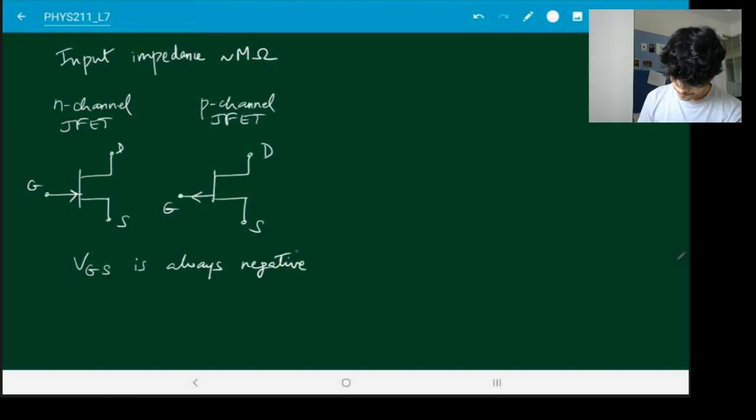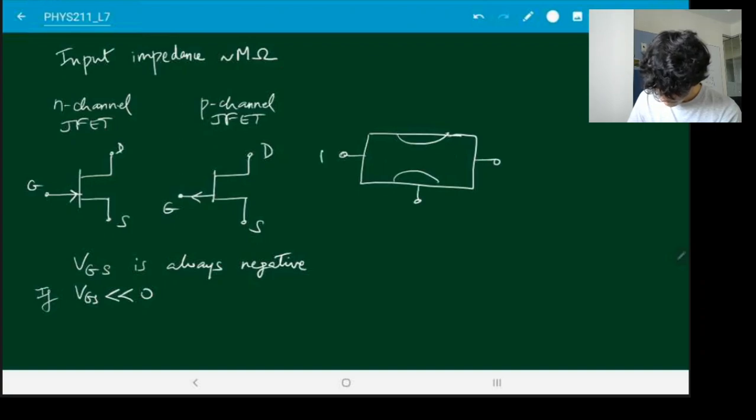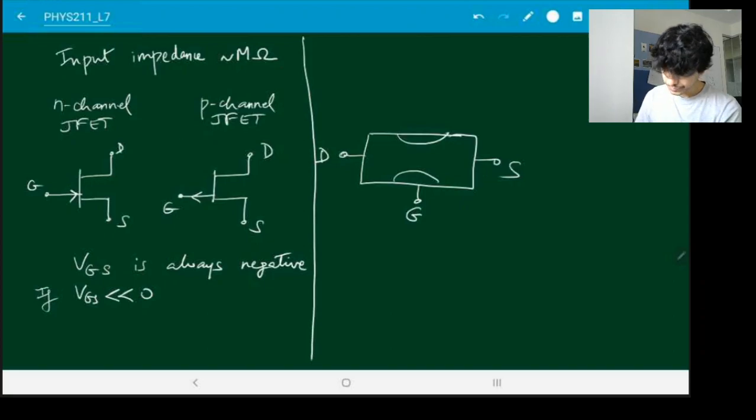Now if VGS is much less than 0, if it's very negative, then, why don't you just draw that circuit again? Drain, gate, source. And this is what I'm calling VGS, the potential between the gate and the source.